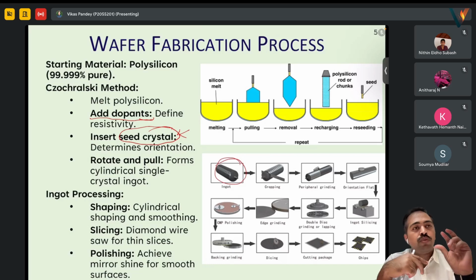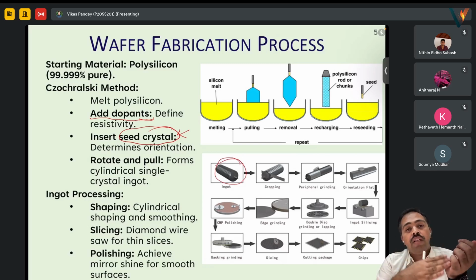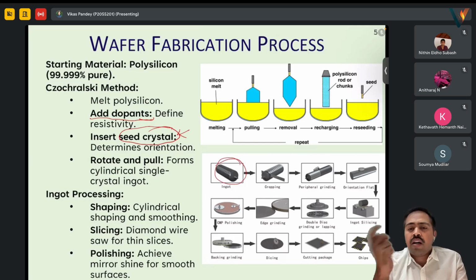Earlier we used to get very small wafers, 1 inch, 2 inch, 3 inch. Nowadays wafers can be as big as 12 inches or 18 inches. Still, 3 and 4 inch are very common wafers for lab purposes.